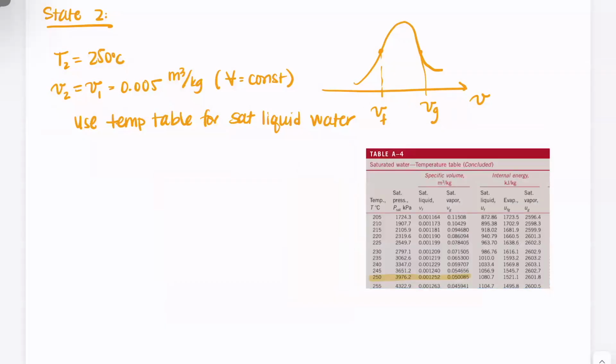Okay, so we have that at 250 degrees C, we have vf is 0.001252 meters cubed per kilogram. And then we also have that vg is 0.050085 meters cubed per kilogram.